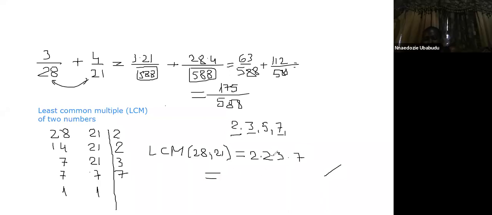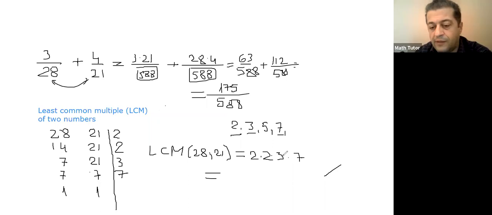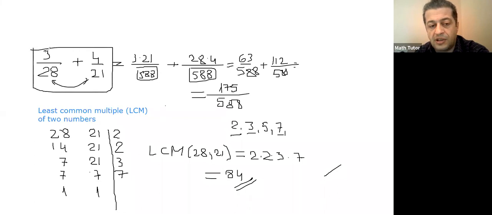2 times 2 is 4. 4 times 3 is 12. 12 times 7 is 84. We found a much smaller number than 588 that we had initially. So it is very good for us if we write this addition of fractions, but instead of putting 588 here, we put 84.